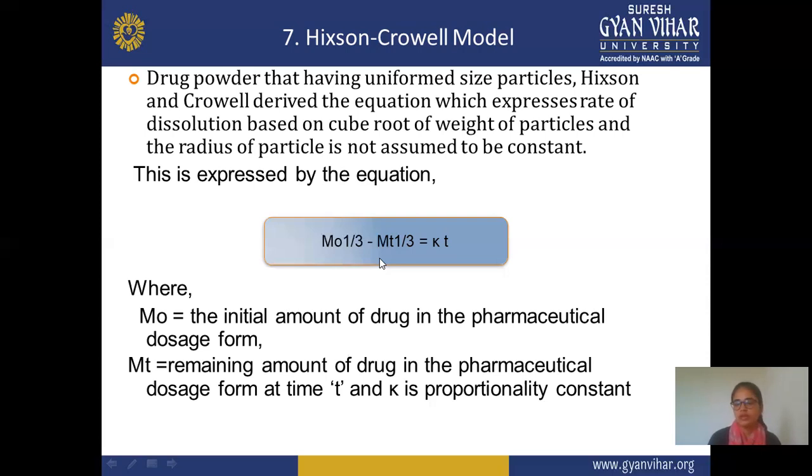This model is mainly used for uniform size particles, or formulations that have uniform size particles. It mainly depends on the cube root of the particles in a tablet, and the radius of a particle is not assumed constant in this model.